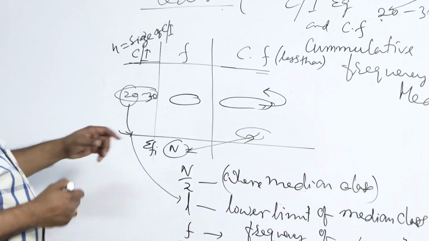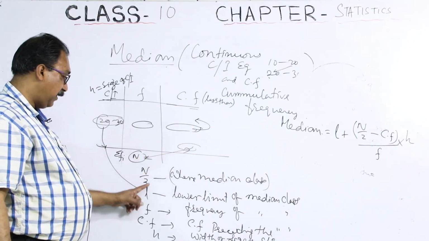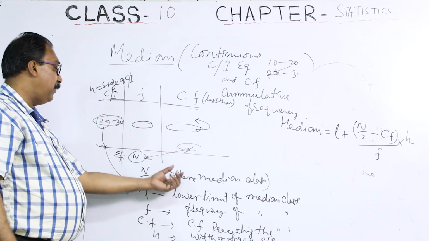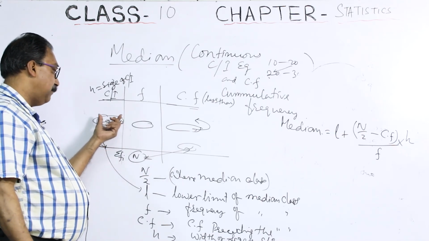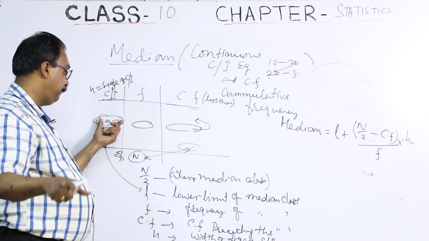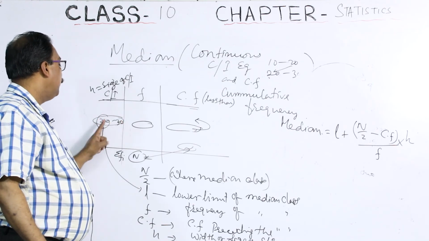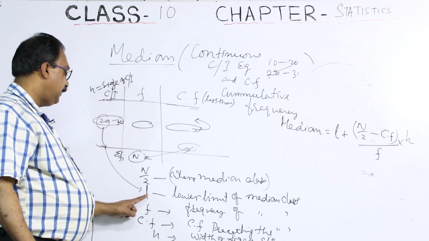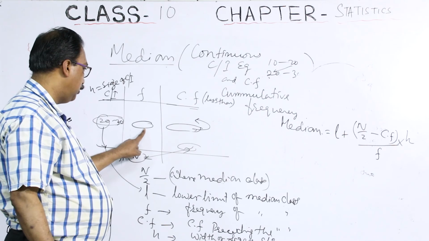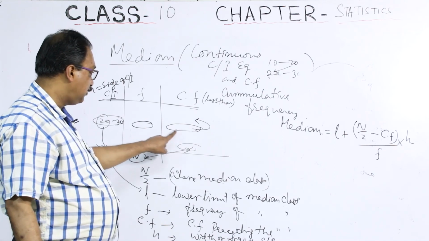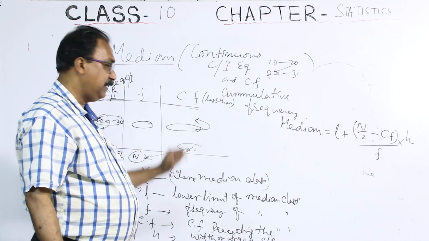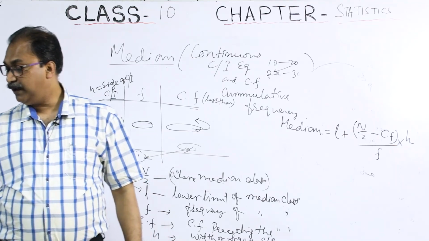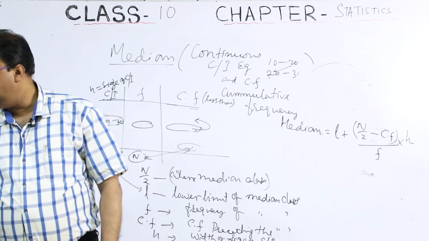So these values coincide, same value, and that divided by 2, you will get where the number falls, between which two class intervals. That class interval you have to consider. As soon as you know the class interval, you can find L. After getting L, you have to know the frequency of the same class interval and the CF just before, the preceding one.